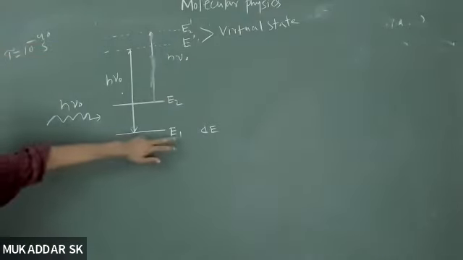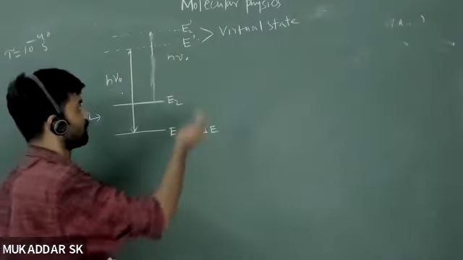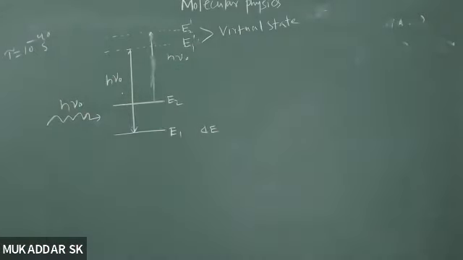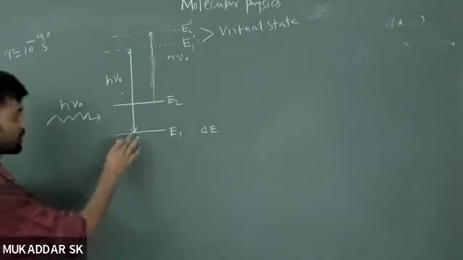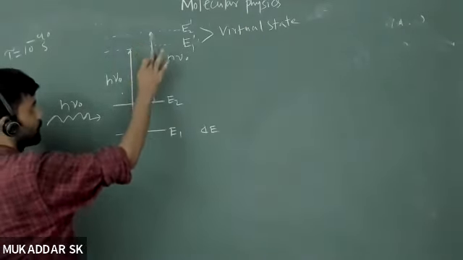The gap between E1 and E1 dash is matching with the energy of the incoming beam. Then what will happen? The molecule staying here will jump to this level, right?